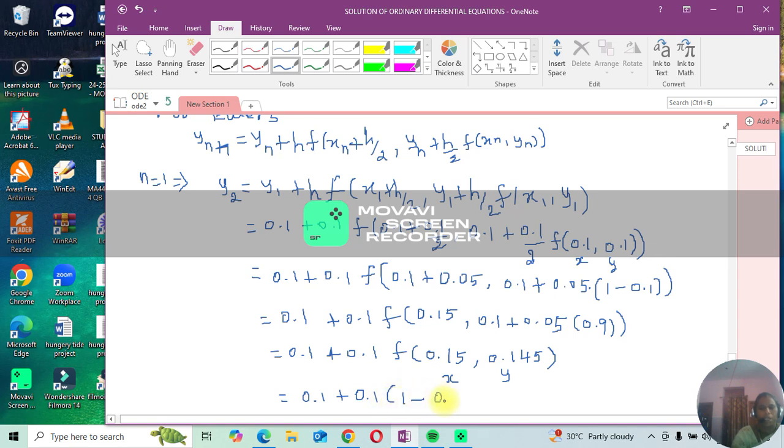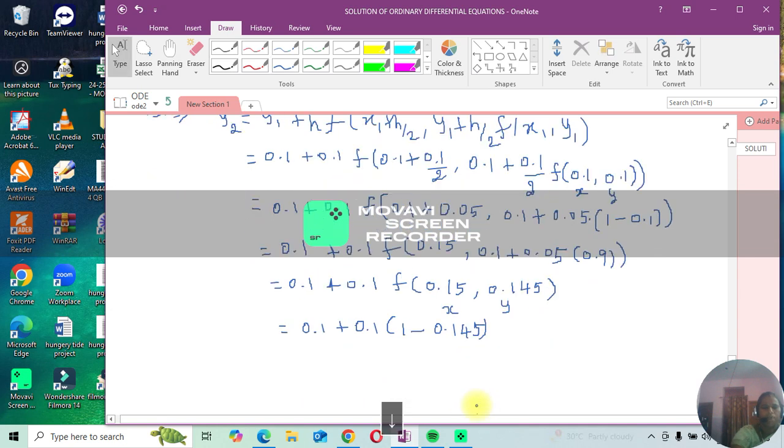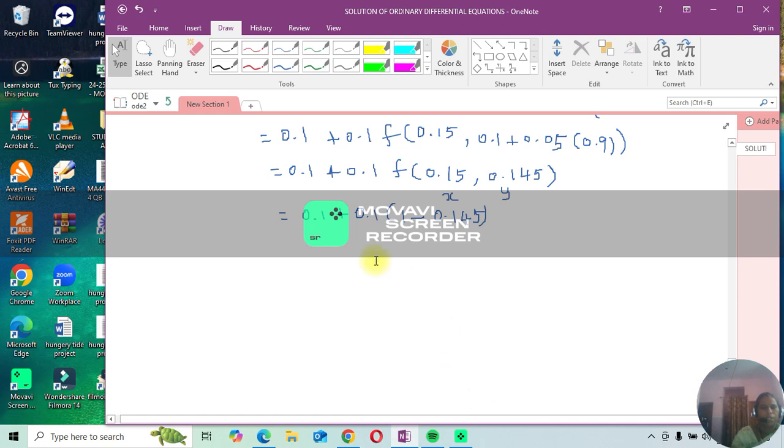Y is 0.145. So now we subtract 0.145 from 1. So 0.1 plus 0.1 into 1 minus 0.145.